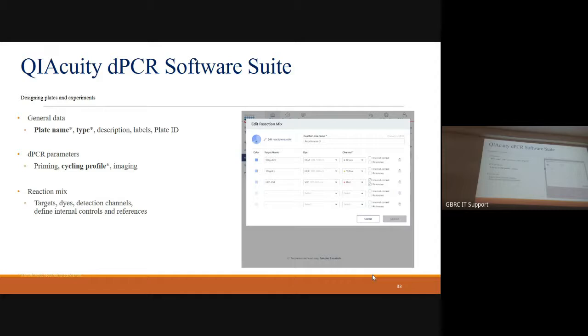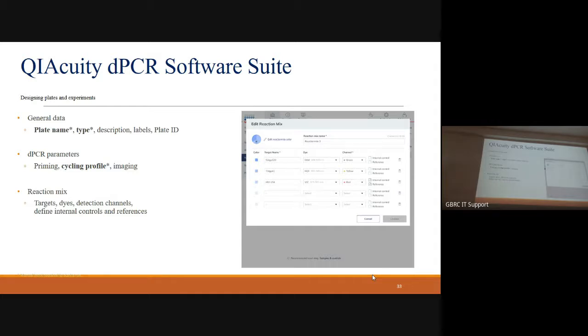Here basically you need to select which kind of plates you are using, what the thermal cycling profile is, and you can give different names to the reaction mix. Suppose I want to do multiplexing. Suppose out of 24 wells, 5 wells I want to target for FAM, 2 others have Cy5, or 3 others have Texas Red.